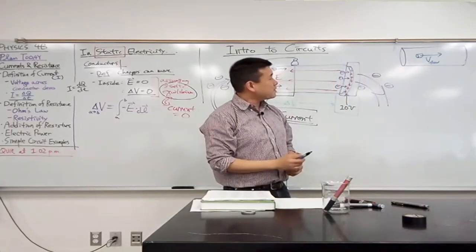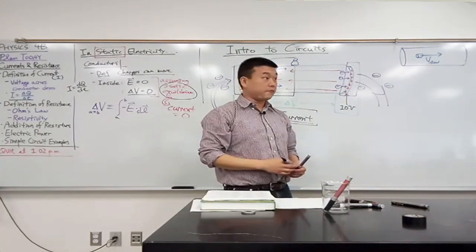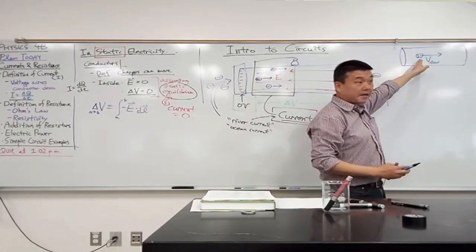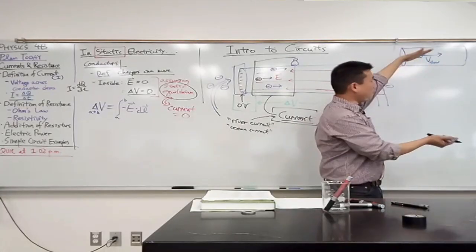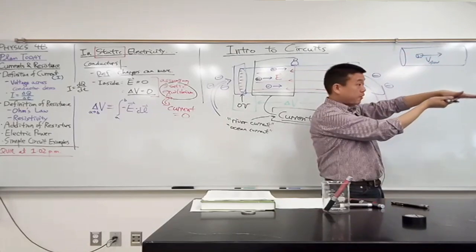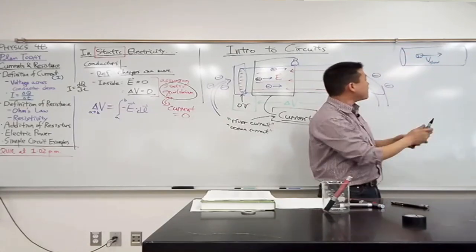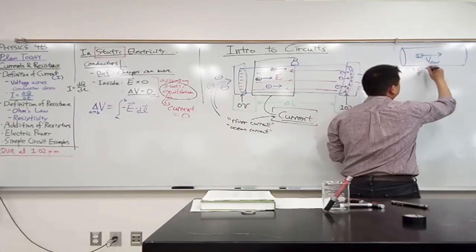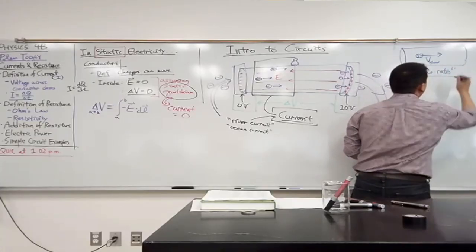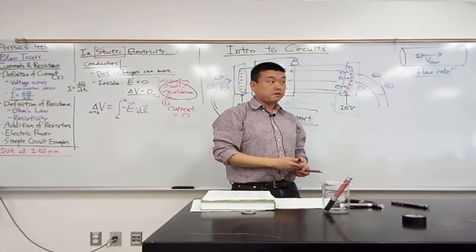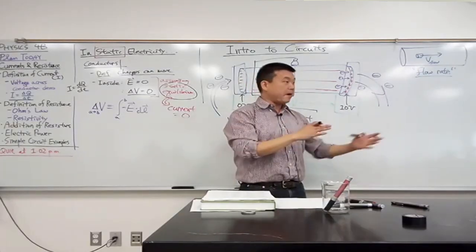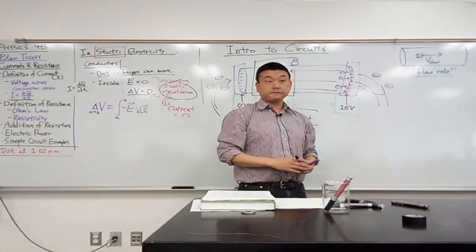But that doesn't actually tell you how much water is flowing, because this rate can be really high, but the water pipe can be so narrow that not much water is flowing. So when I talk about the word flow rate, really what I'm interested in is the total amount of water that's flowing. In what units would you measure the total amount of water that's flowing?